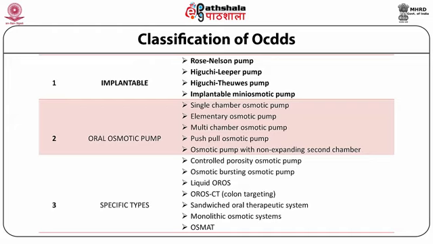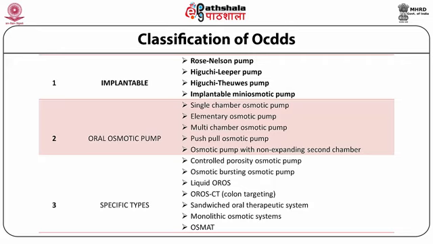As the name indicates, implantable means it is inserted in the body, mostly as an implant, so it needs a minor surgery. The oral osmotic pump is taken orally, so it is more governed or regulated by processes within the GIT. We will discuss in later slides why they are different categories and what specific types they are.